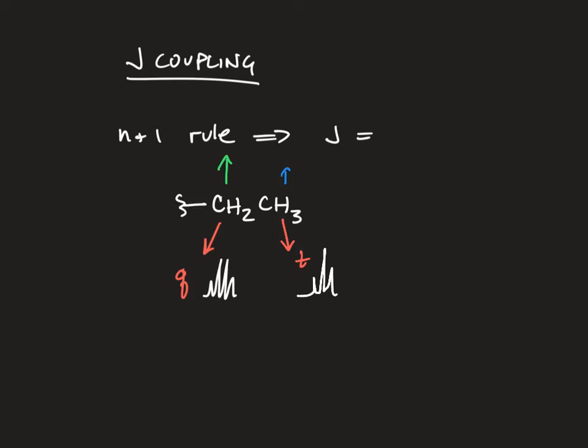Now, what we ended on when we started to consider these types of systems is that if we had some lack of symmetry in the molecule, so for example, if we had diastereotopic methylenes that were coupling to one another, and we had a methine, this methine is seeing these two, and it could see them in different ways.